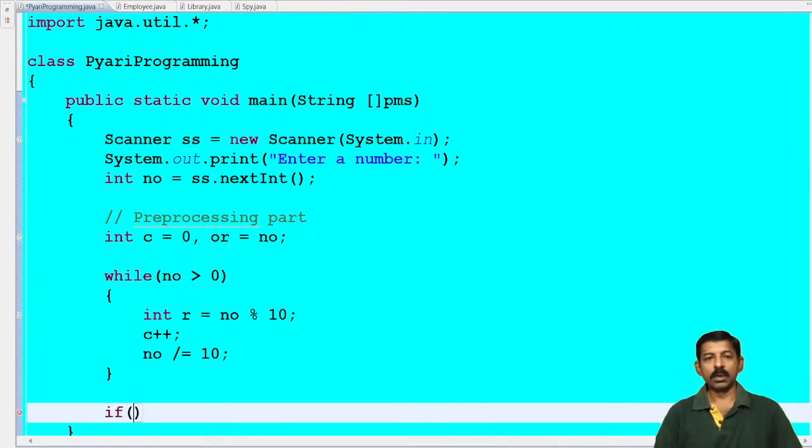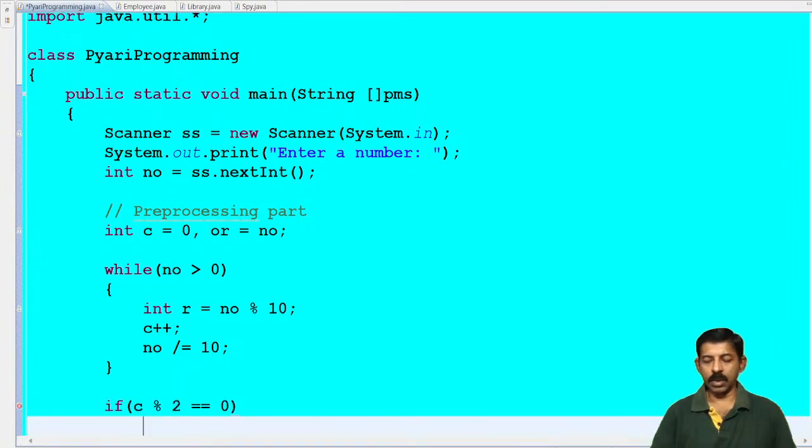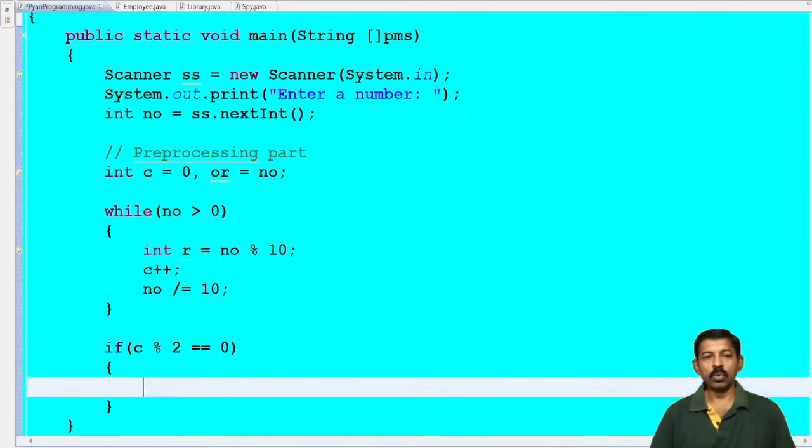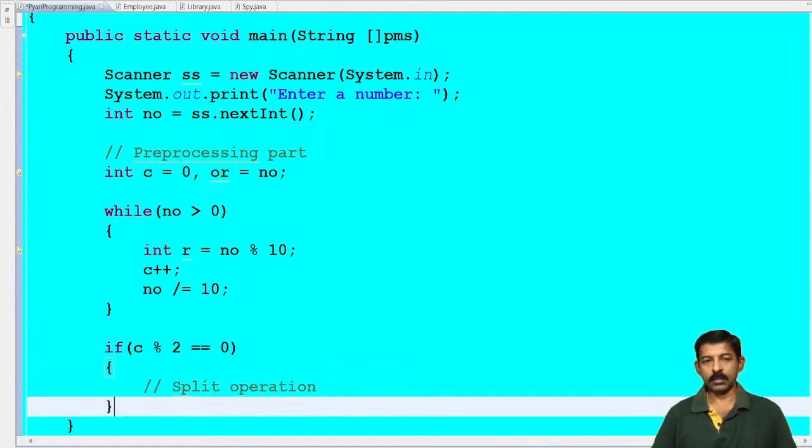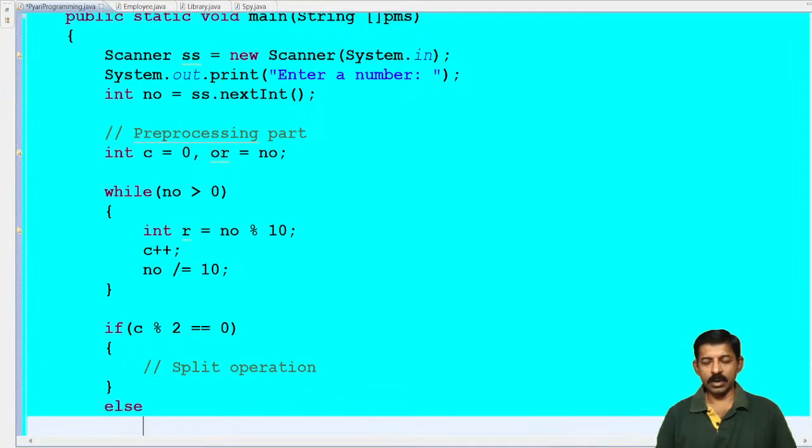If number of digits modulo 2 equals 0, then it is even number of digits. I will do the operation of split. And in the else part, I will display the message.